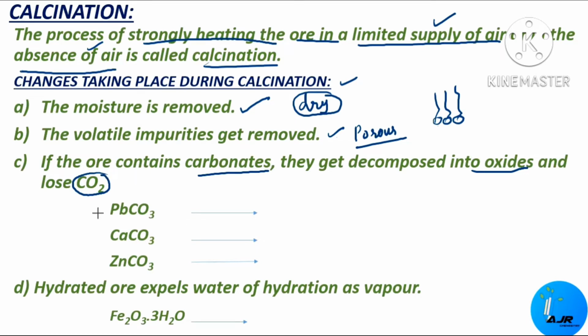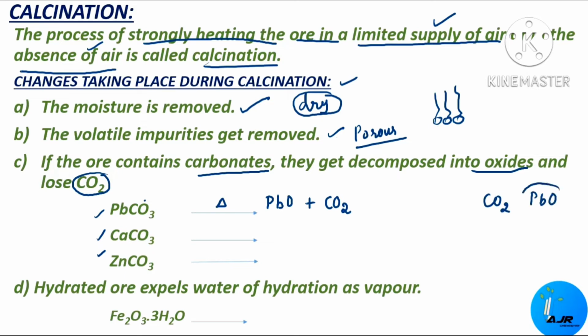Now we shall see what happens if the ore has lead carbonate, calcium carbonate or zinc carbonate. When lead carbonate is heated, it gets converted to lead oxide, PbO, and carbon dioxide, CO2, is released.